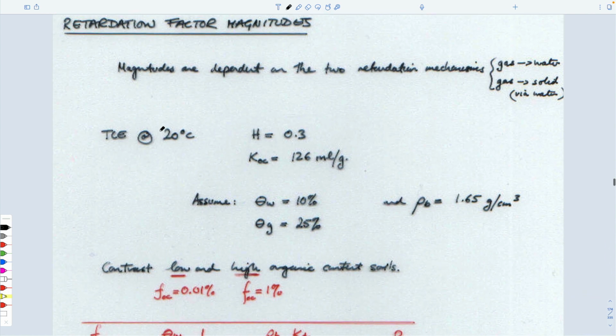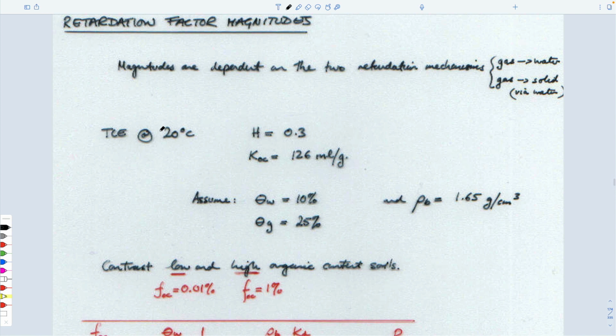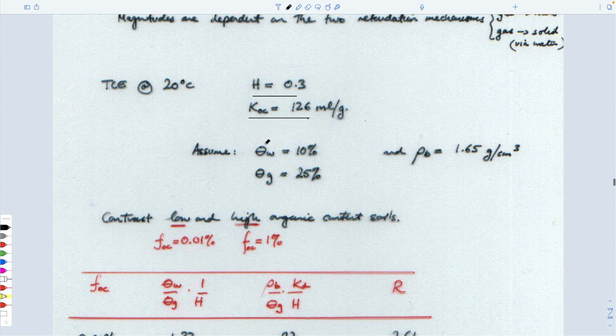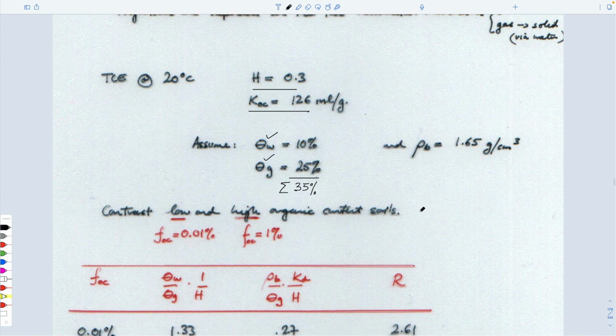And so we can use that if we know the Henry's law coefficient, and we know what the organic carbon partition coefficient is from methods that we've used before, and if we know what the moisture content and the gas content are. So I guess together these both sum to a porosity of 35%, just like the previous example. Bulk density is 1,650 kilograms per cubic meter.